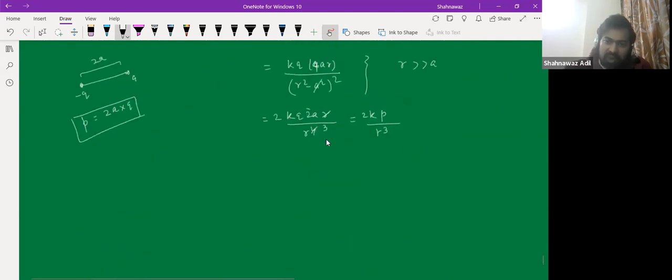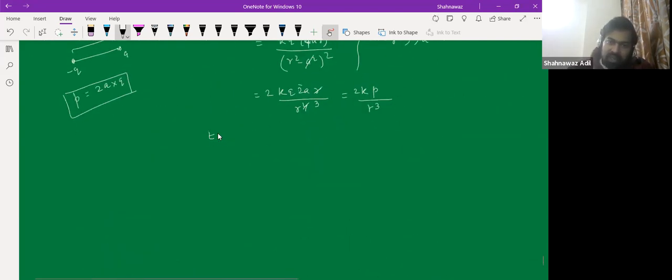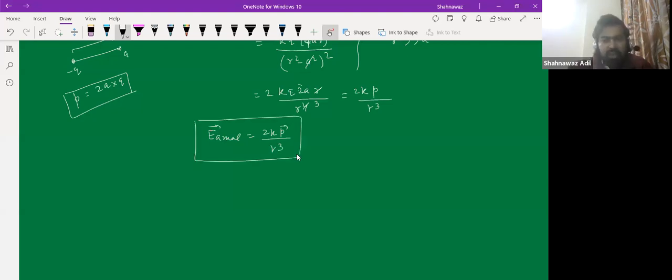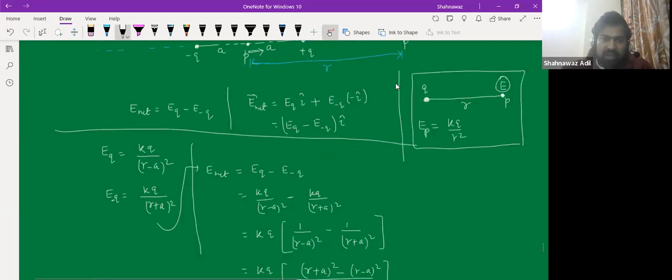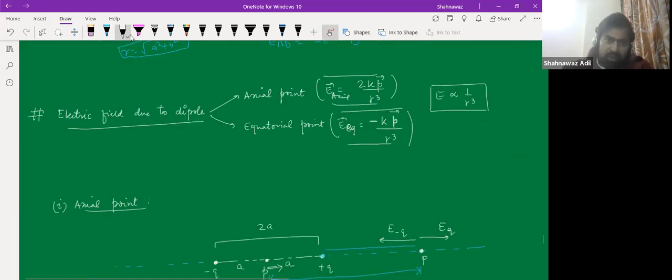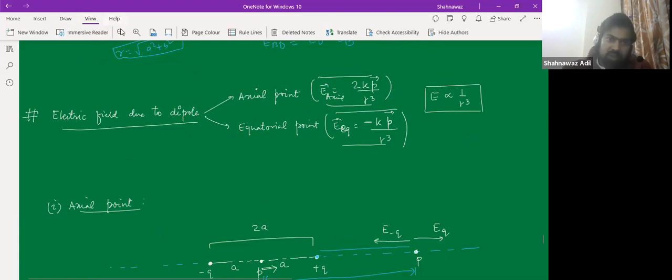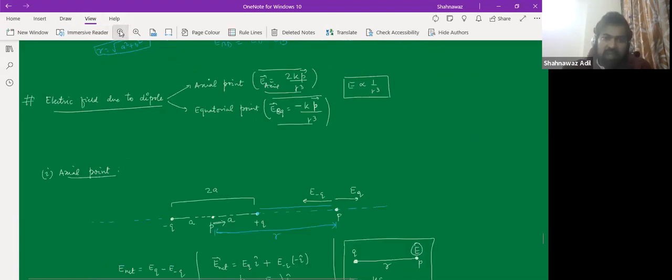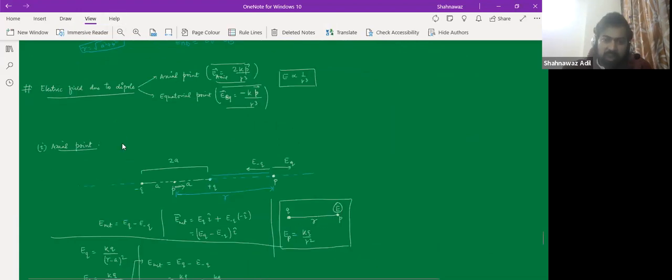So then we can write the axial field as 2KP divided by R cubed. Always remember. Is it clear, all of you guys? Clear? Yes, sir. Good. Please note it down, guys. Quickly note it down, and then we'll do the derivation of the equation.